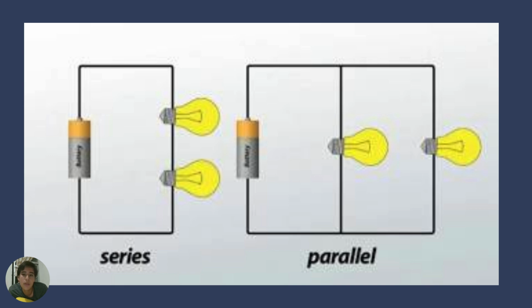In a parallel circuit, the current divides into different branches or paths, like in this one. If one of the components breaks or turns off, the electricity can still flow through the other branch without affecting the rest of the system.